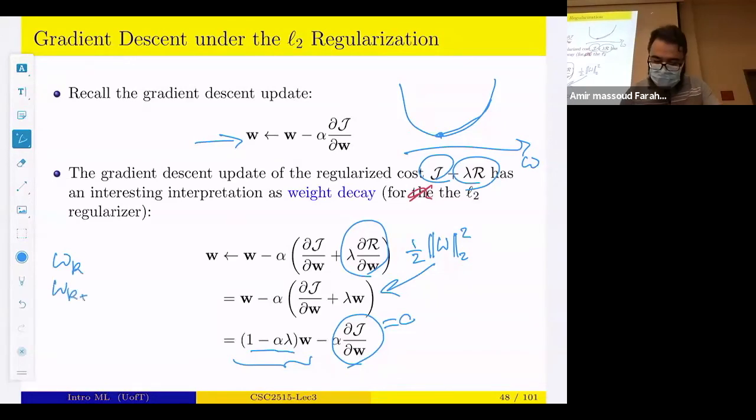WK plus 1 would become 1 minus alpha lambda times WK. So if this factor is smaller than 1, then the size of WK plus 1 becomes smaller than WK. So we have an interpretation that it is doing some form of weight decay.